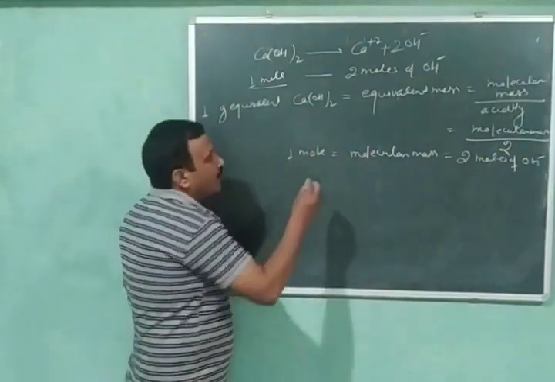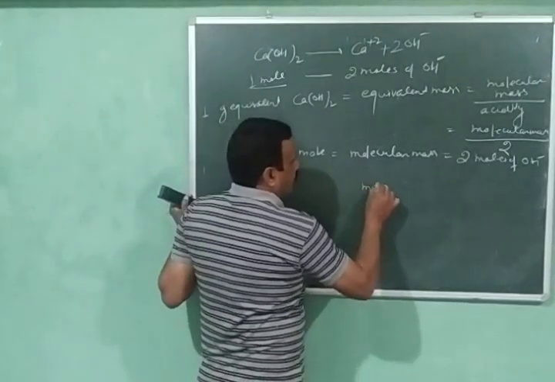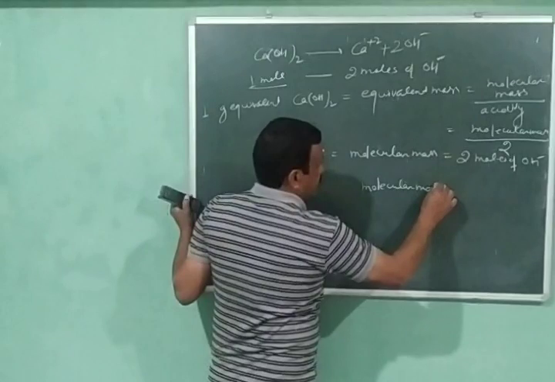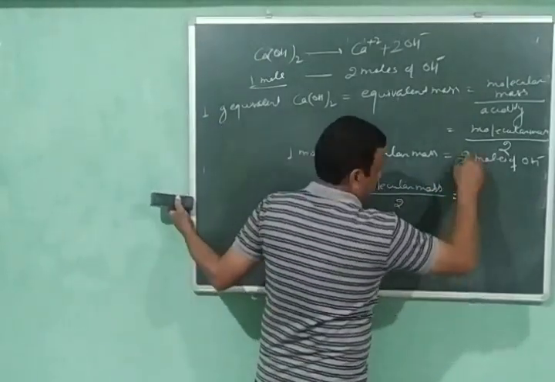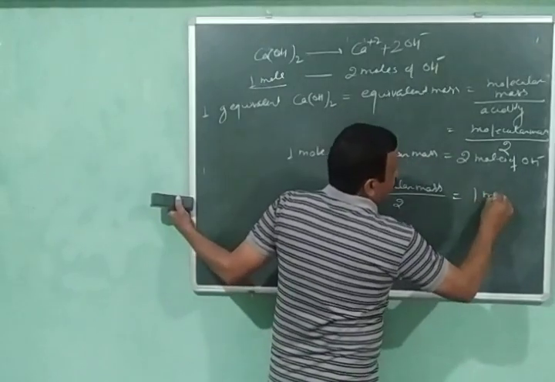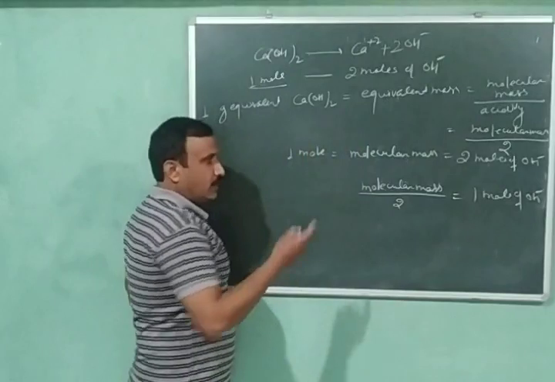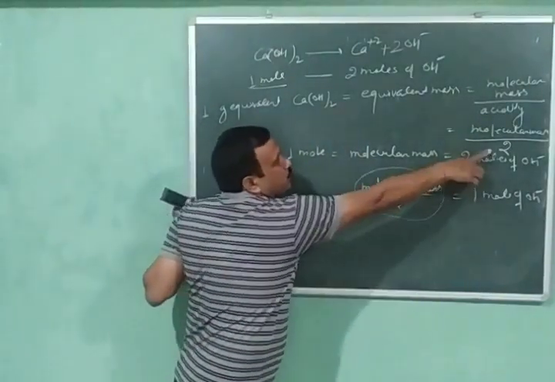Okay. Now I will divide both sides by 2. Then what will I have? I will have this molecular mass divided by 2 equal to 1 mole of OH negative after dividing both sides by 2. And what is this molecular mass divided by 2?